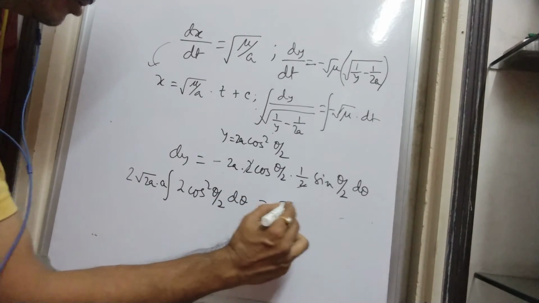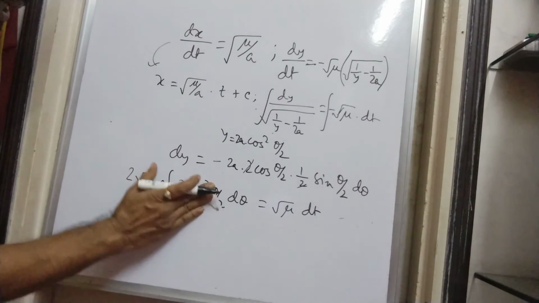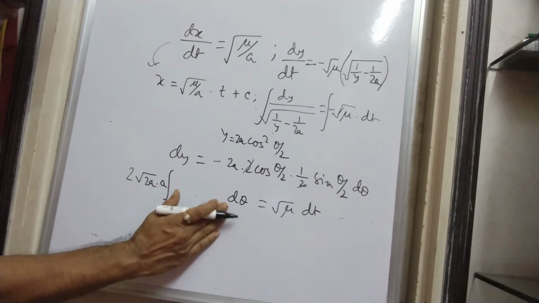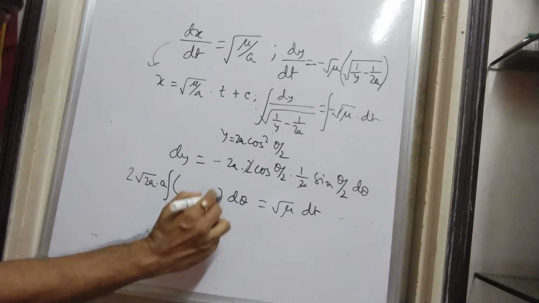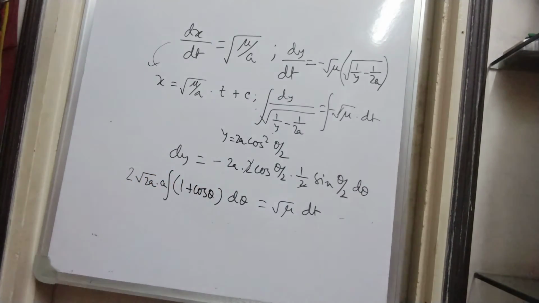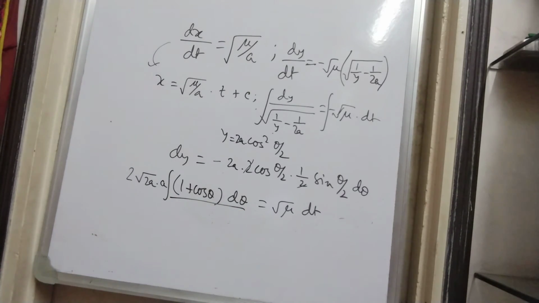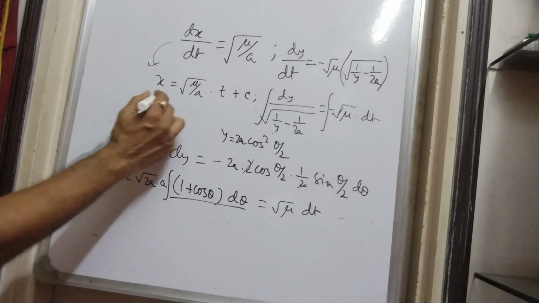And in the right hand side we have 2 dt, and 2 cos square theta by 2 is easily replaced by 1 plus cos theta, and if we integrate this, it turns out to be theta plus sin theta, and the value of x is like this.